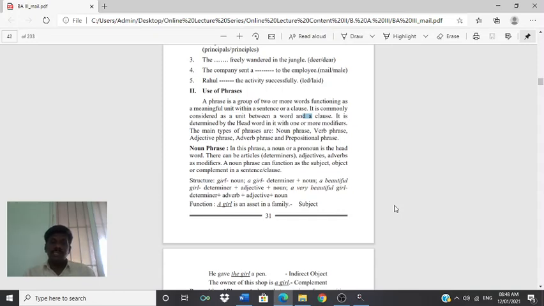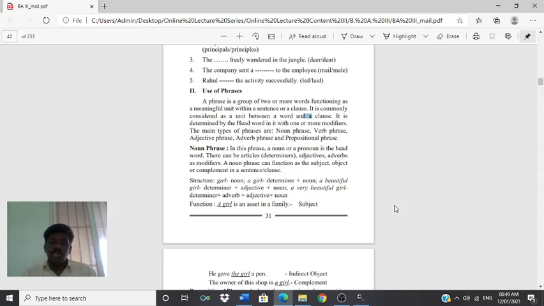See, a phrase is a group of two or more words functioning as a meaningful unit within a sentence or a clause. So it is a combination of words. More than one word is there, and this functions as a unit in a sentence. We will understand this in an actual example.